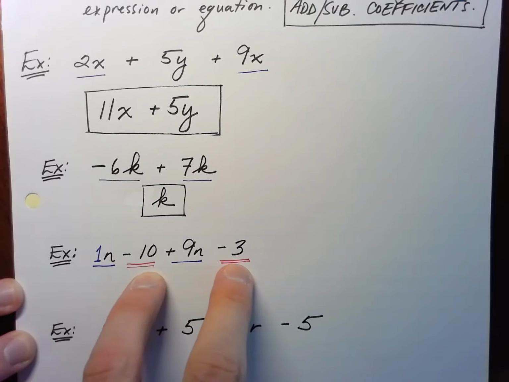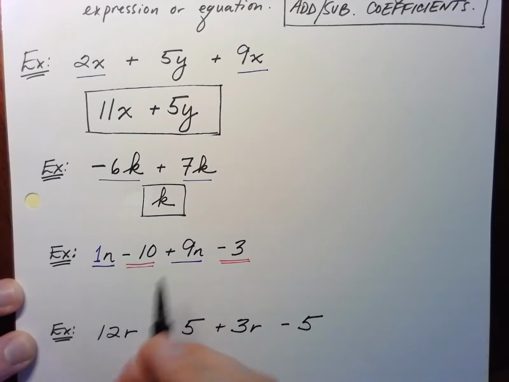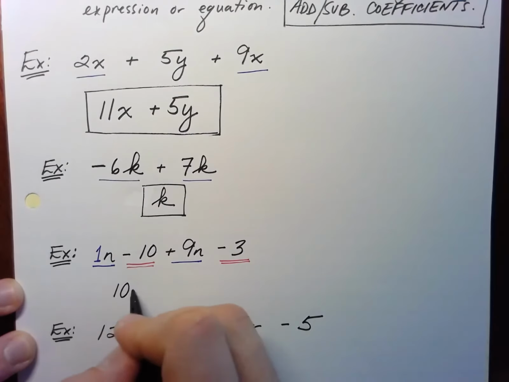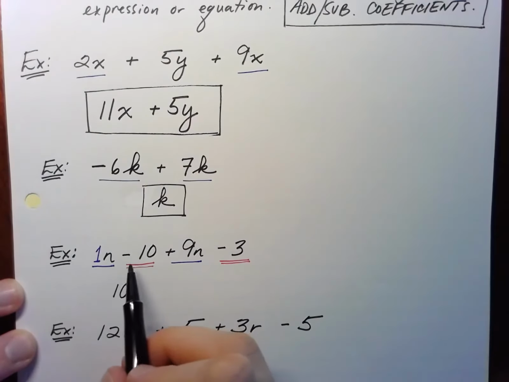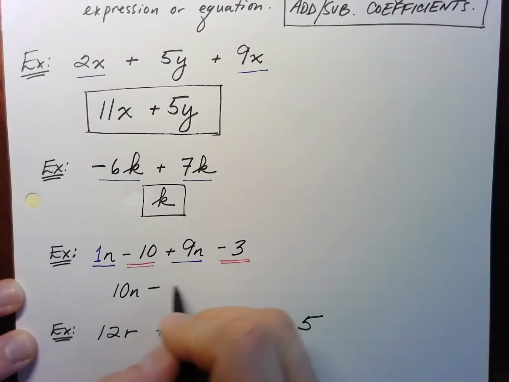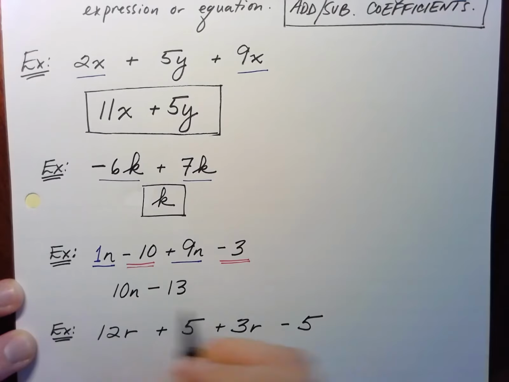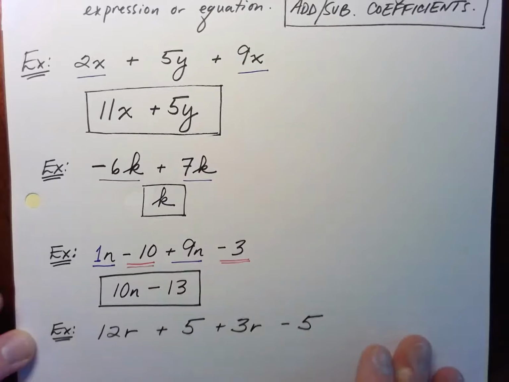The red terms are both like because they're both constants. Okay, they don't have any variables, so they are like each other in that way. So when we deal with the blue, we've got plus 1 and plus 9. That's going to give us a 10n. And when we deal with the red, a negative 10 and a negative 3 is going to give us a minus 13. So there is our solution to that one.